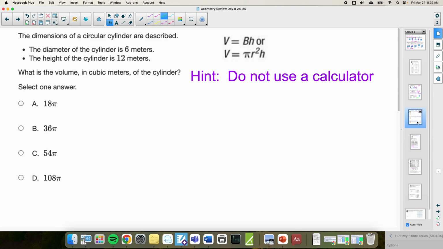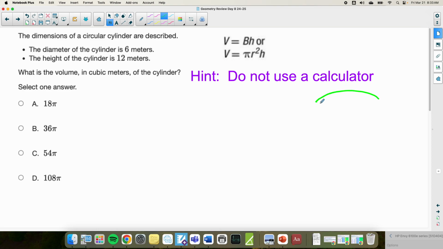This says that we have a circular cylinder and we can't use a calculator. So I'm gonna first draw a cylinder. Okay. And what they tell me for this cylinder is the diameter is 6 meters and the height is 12.